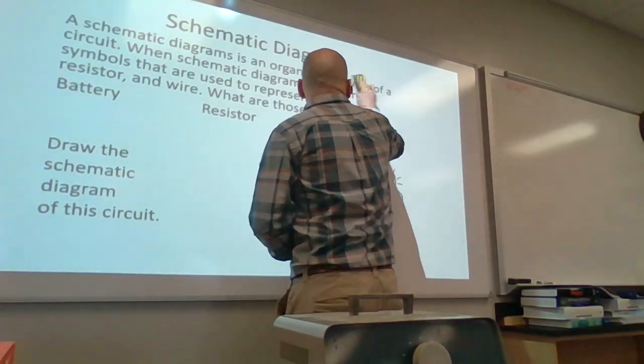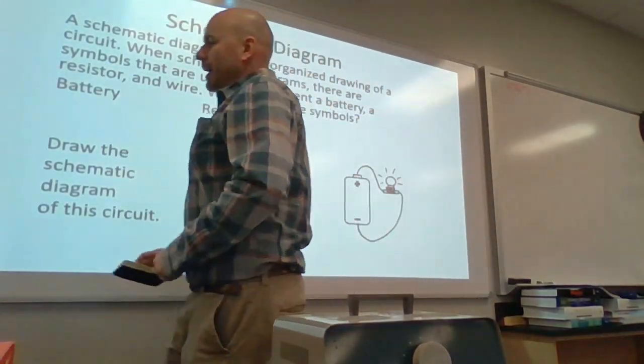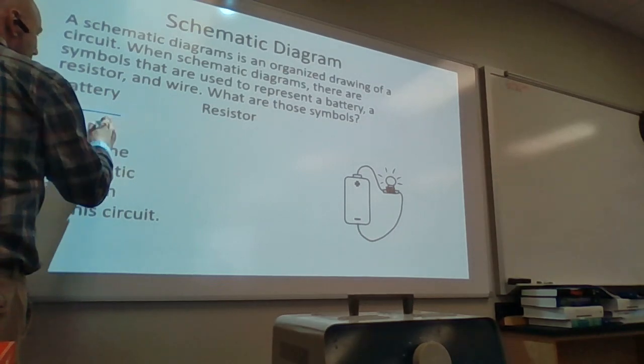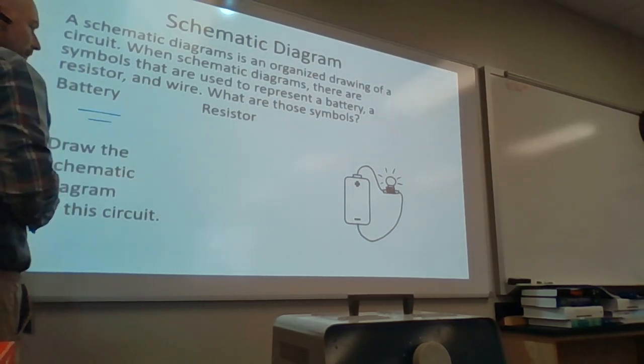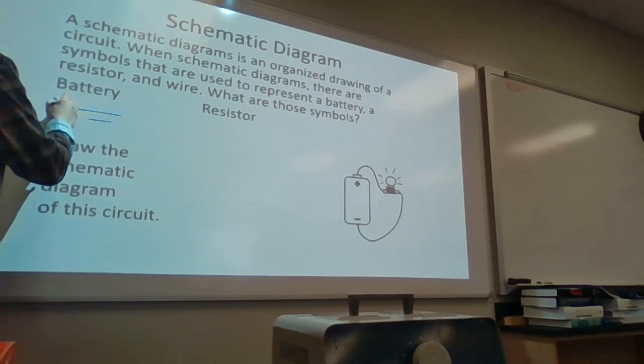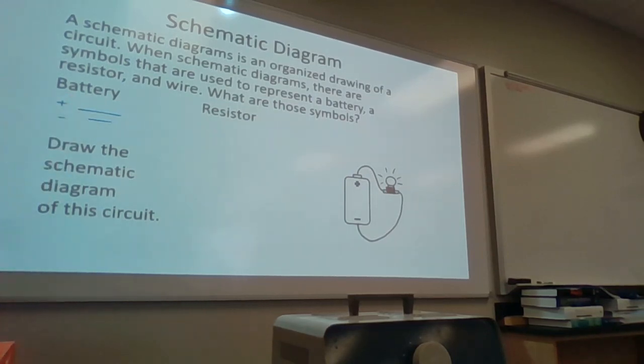Schematic diagrams. These are just symbolic ways to draw out a circuit. If you've ever seen a circuit diagram, these are schematic diagrams. The symbol for a battery is a long stick and a short stick, drawn parallel to each other. The long side is the positive side.